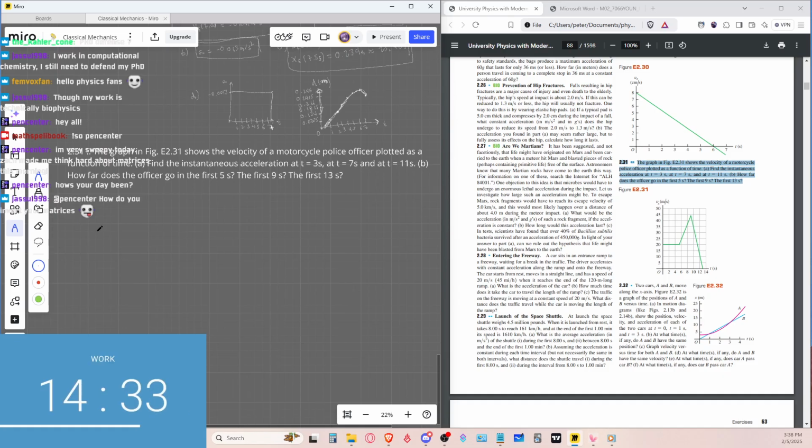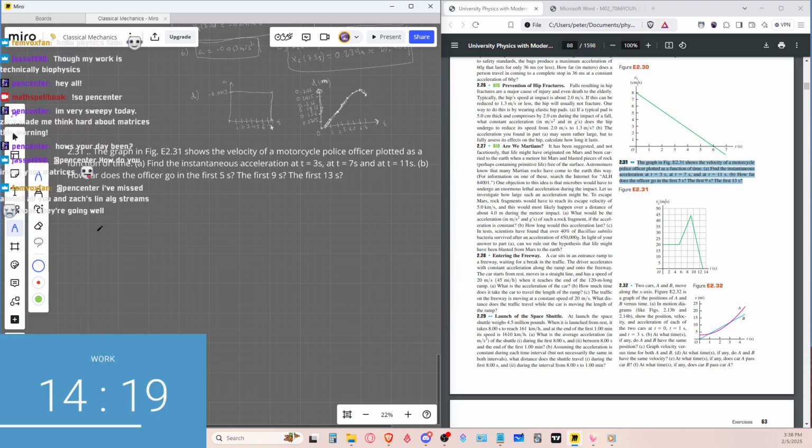Okay, so what is the question? The graph in figure E... okay, so we already have the graph here. Cool. So maybe I'll leave this like this from now on, so I don't have to scroll back to the book all the time. Let's see.